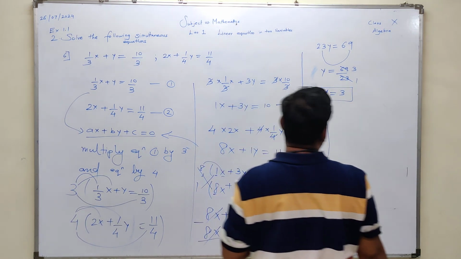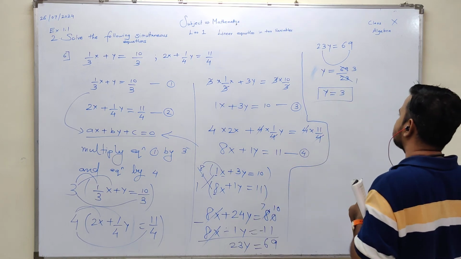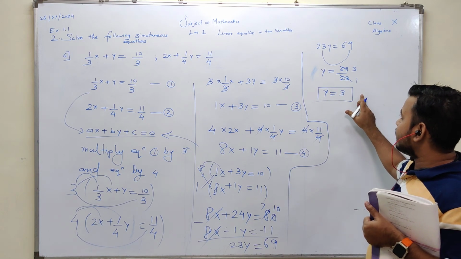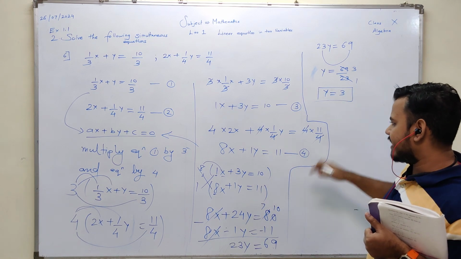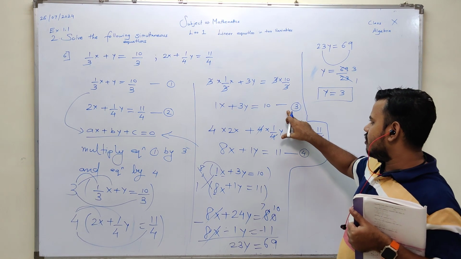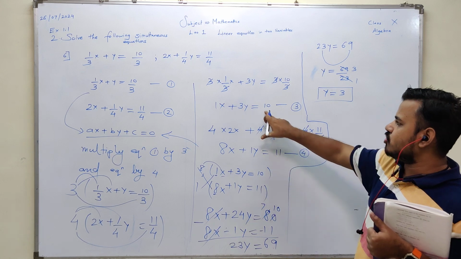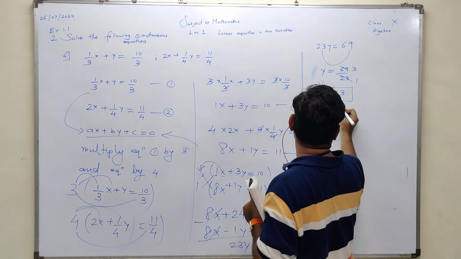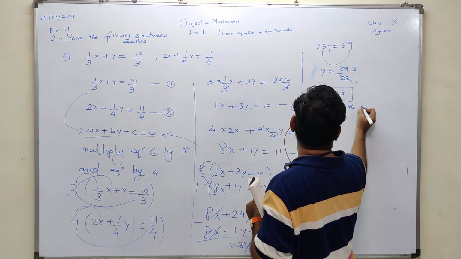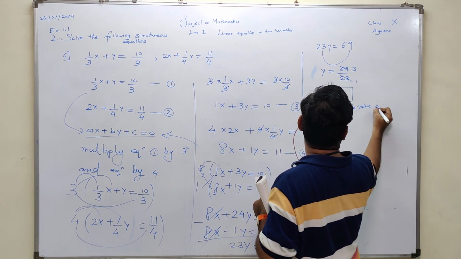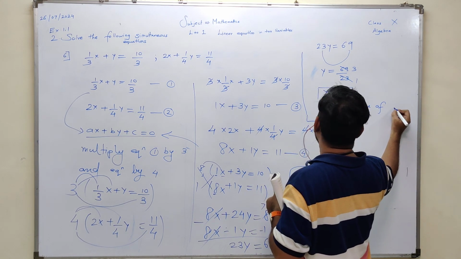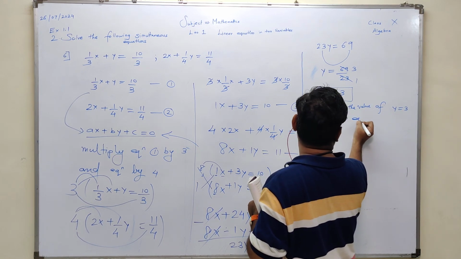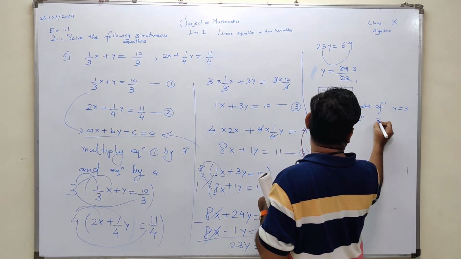This is your answer. And next, y equal to 3 we got. We will put this in either of these equations, either 3 or 4. It's better to put it in equation number 3. So put the value of y equal to 3 in equation 3.